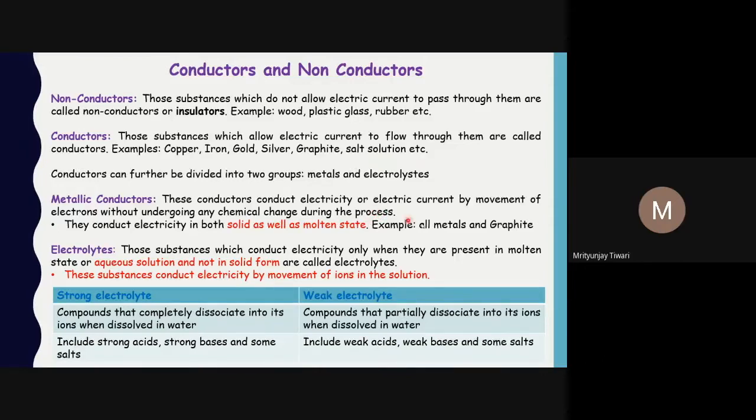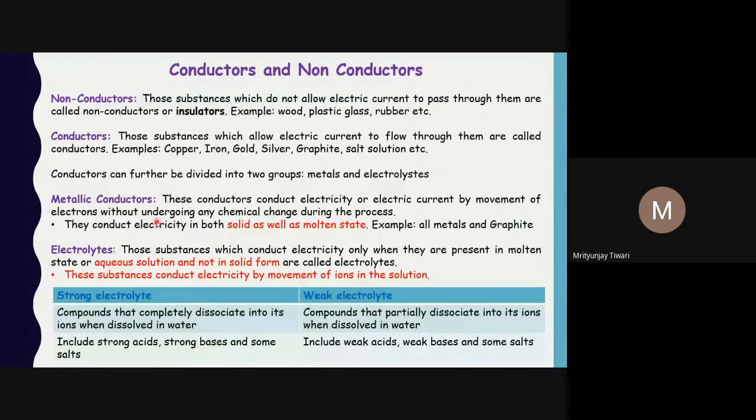What we also see is that the atomic nuclei do not change their position. They are fixed in the metallic lattice or metallic crystal, and only the free electrons move. So they conduct electricity.